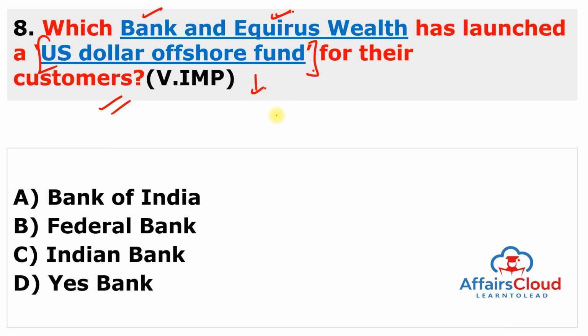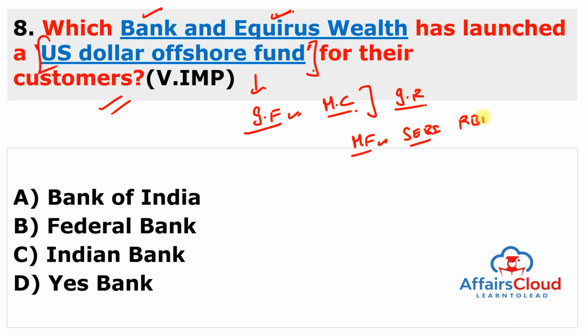Offshore funds, often referred to as international funds, are fund schemes that invest in the international market and multinational companies. If an Indian resident wishes to invest in an offshore fund, he or she could invest only in Indian rupees. And offshore funds are required to comply with the mutual fund guidelines provided by the Securities and Exchange Board of India as well as the Reserve Bank of India.